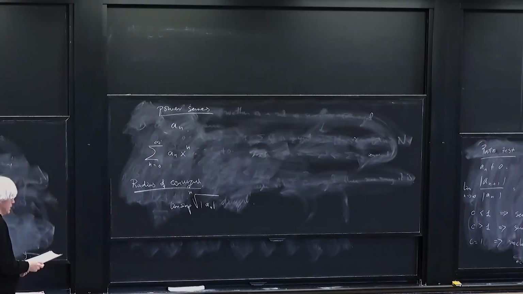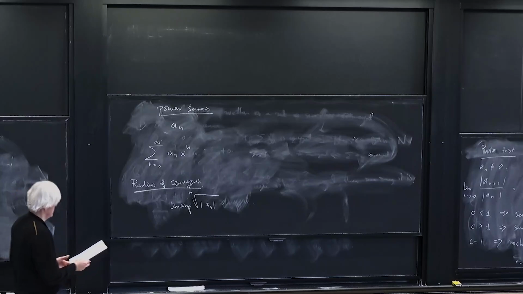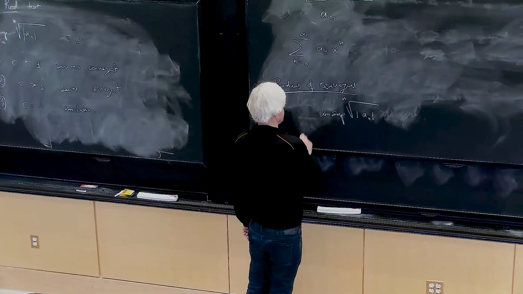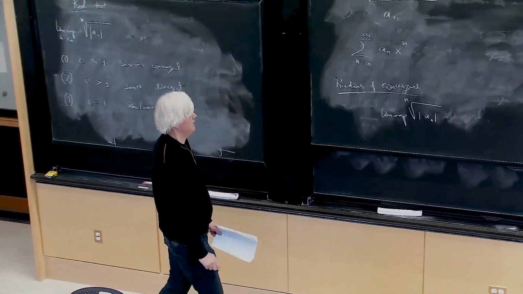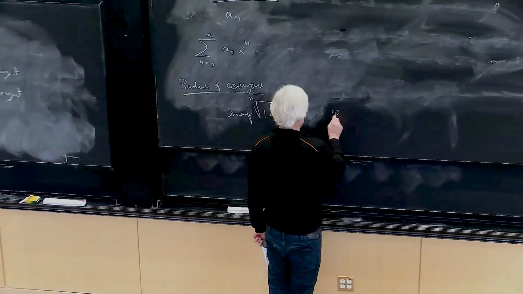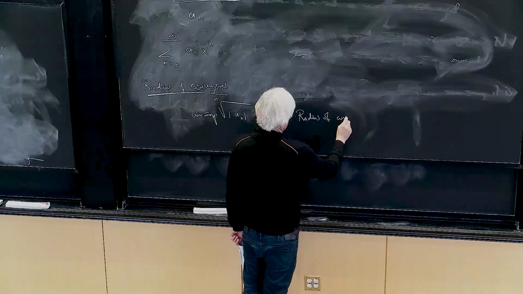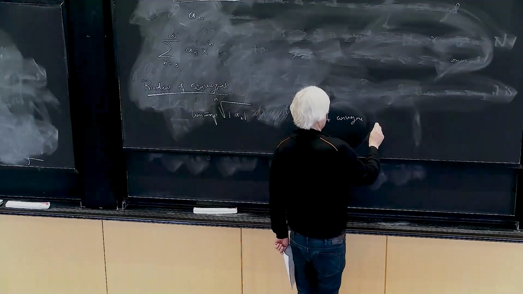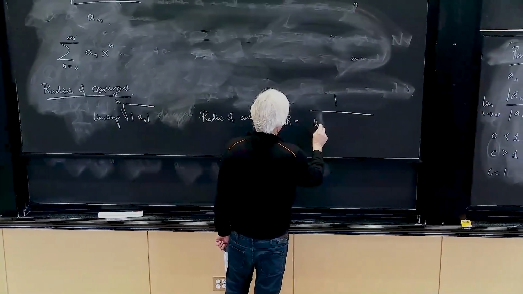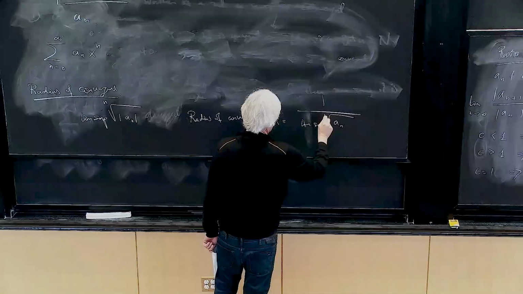We defined this thing here, and then we define the radius of convergence. This is R, and R is 1 over this lim sup. But there was an understanding in this.